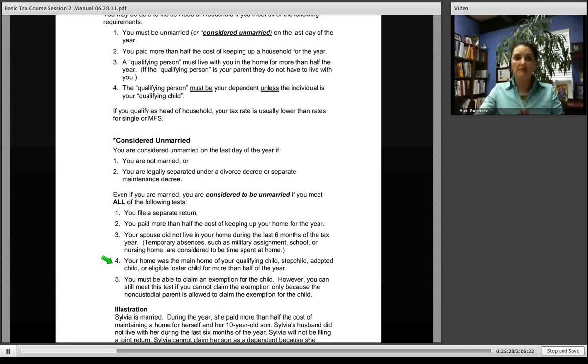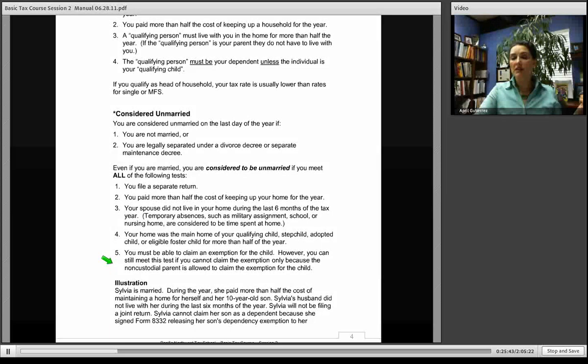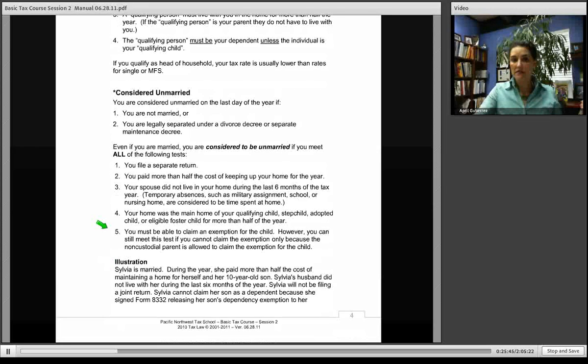But child. And then finally, that child is your dependent, and that means you are able to claim your child's dependency exemption on your return, with one exception, and that is you're not claiming your child's exemption because that exemption is being claimed by the non-custodial parent.